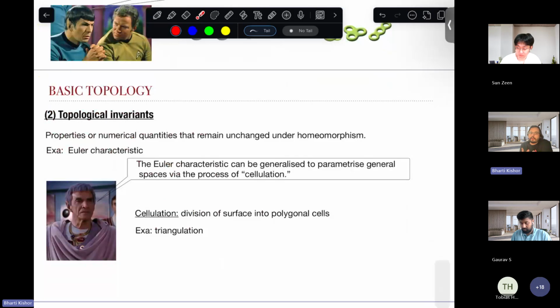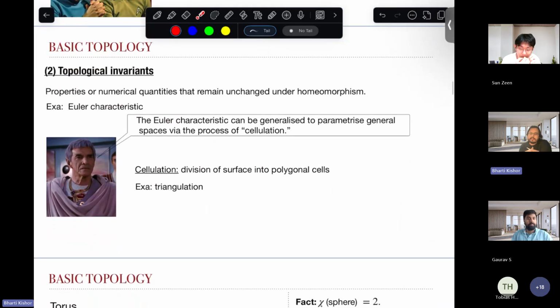So now we are talking about some operation, like homeomorphism, some function which has an inverse, which is continuous in both directions and is bijective. But are there certain quantities, certain properties, that remain unchanged under homeomorphism?